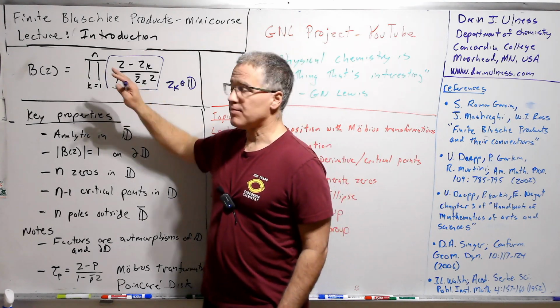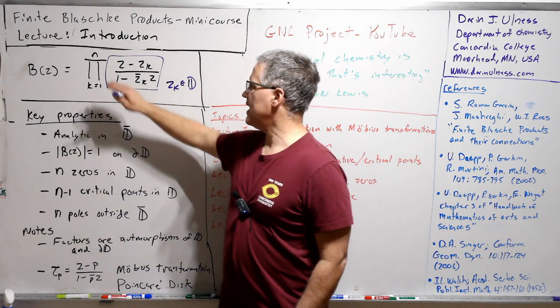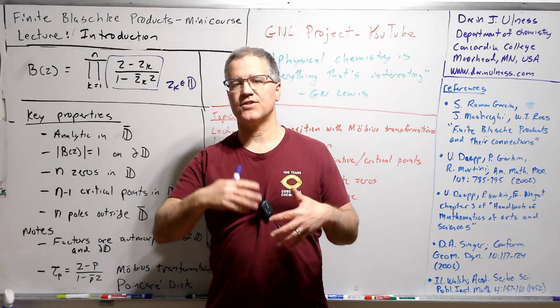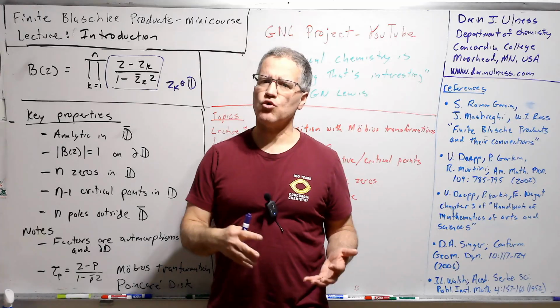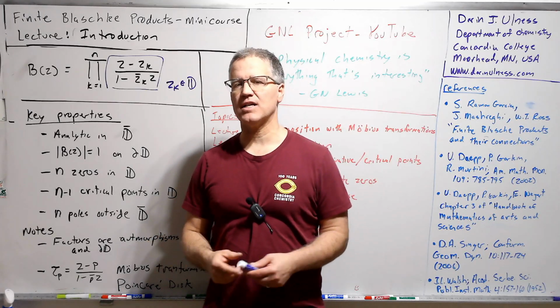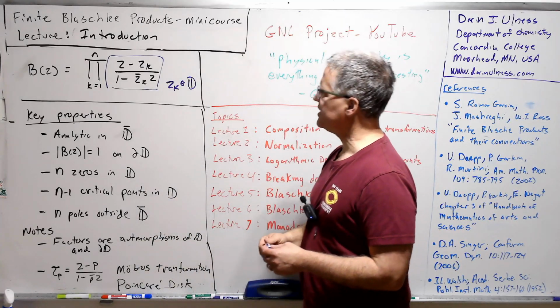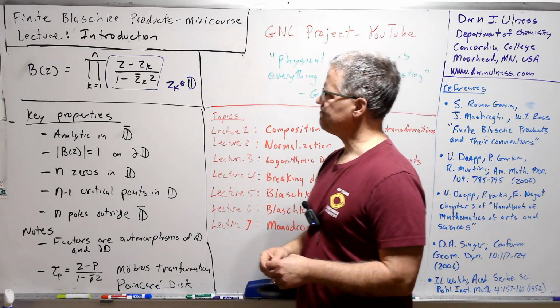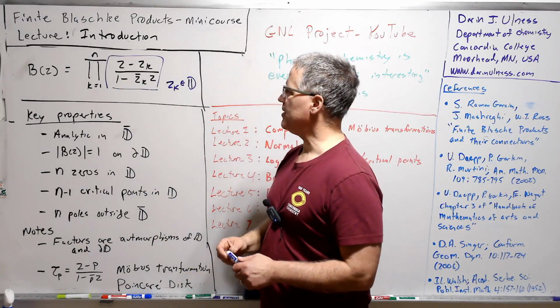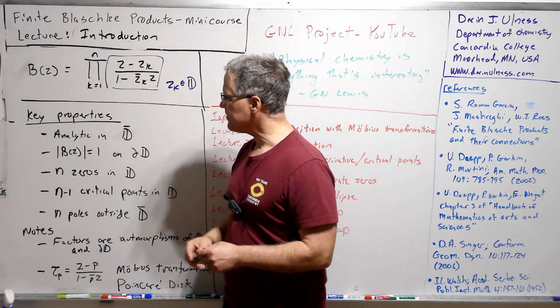One, the Blaschke product proper has this as infinity. So usually when n is not infinity, it's called a finite Blaschke product. Through this whole course, we're only talking about finite Blaschke products, so I'll just say Blaschke product. But keep in mind that if you were to Google Blaschke product, the first thing that would come up would be one where this is off to infinity.